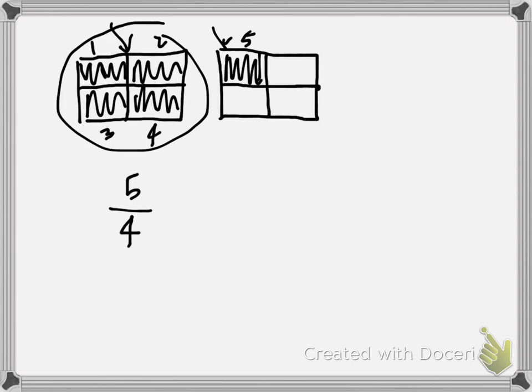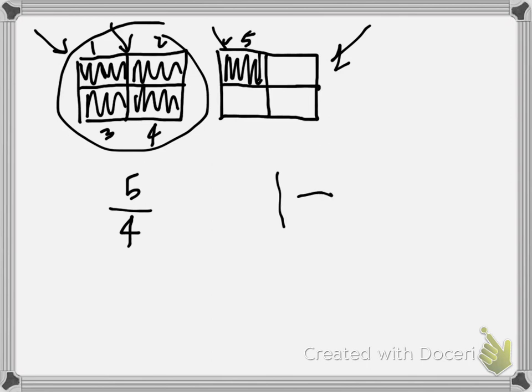Okay, I do have another way that I could write this. I can write this as a mixed number as well. I'm going to start with the whole number part. Well, to fill in the whole number part, I'm just going to look at how many whole complete rectangles do I have. And this is a whole complete rectangle. So I have one whole complete rectangle. This is not a complete rectangle. So what I'm going to do over here is I'm going to write a fraction for just that second piece.